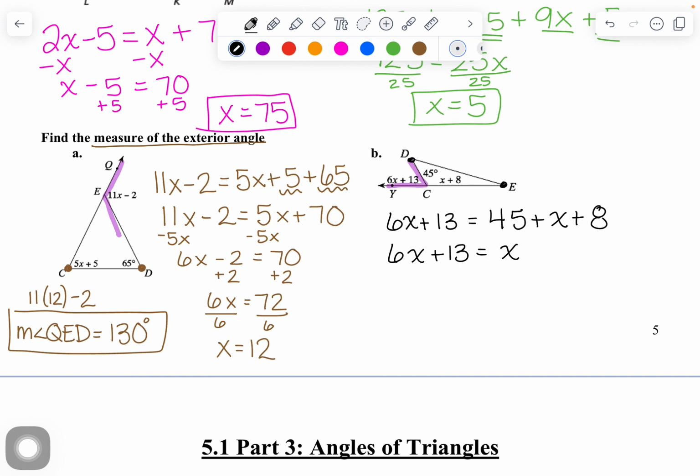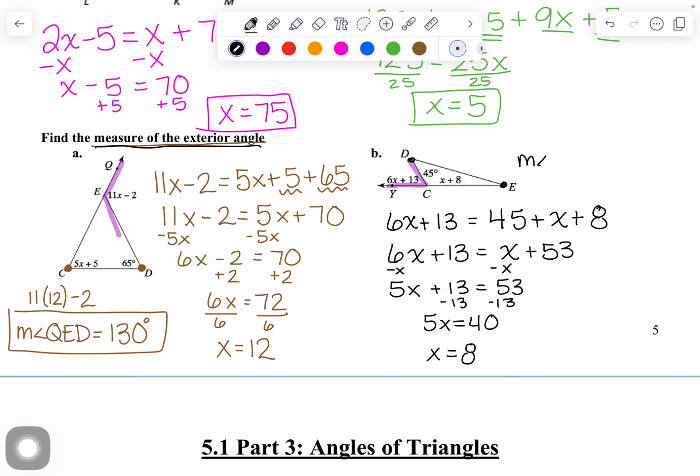Again, here's where I would typically be doing my dot, dot, dot. This is what it's equal to. If you want to do that, you can do that. I just legitimately haven't figured these ones out yet. So I'm just writing out all the math. So x would be 8, but the instructions say find the measure of the exterior angle, so make sure you're plugging it back in.